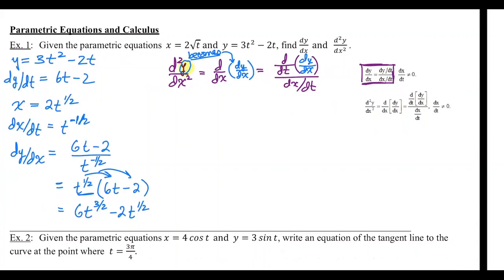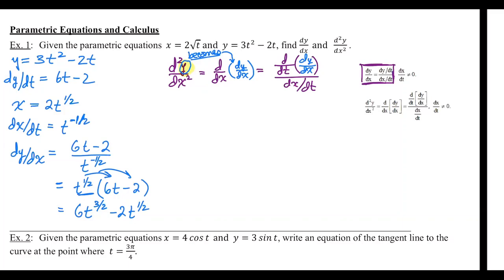So the question would become, how do I take the derivative with respect to x if the variable itself is not x? Would the whole thing go to 0, or is there some other way? Right? So the other technique comes into play. Now, if it somehow magically worked out that it was all in terms of x, then you could just take the derivative again using power rule, but you have to do it this way.